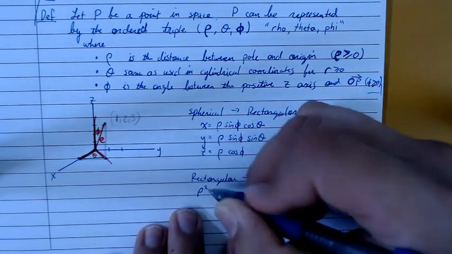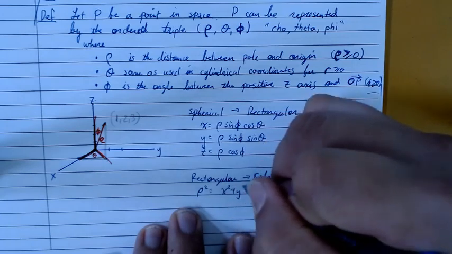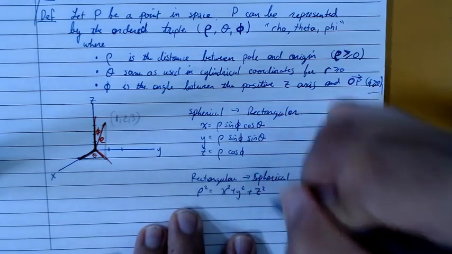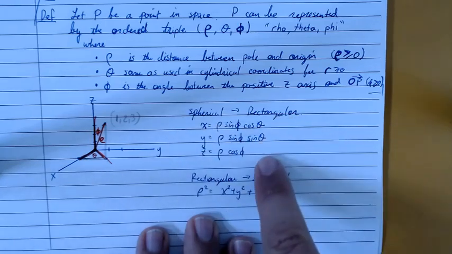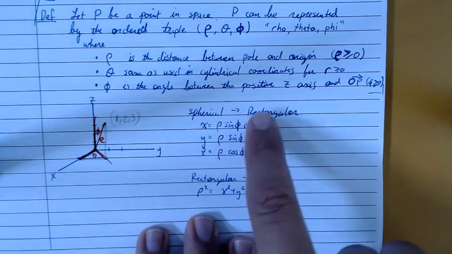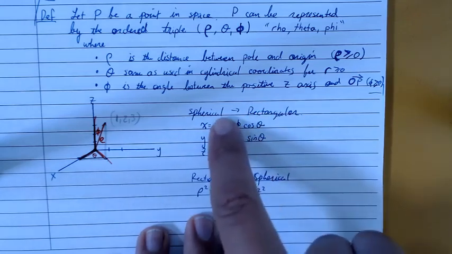Here, rho squared is going to equal X squared plus Y squared plus Z squared. And you could actually see that if you square all three of these and add them, all of these simplify out, and you're just left with rho squared.